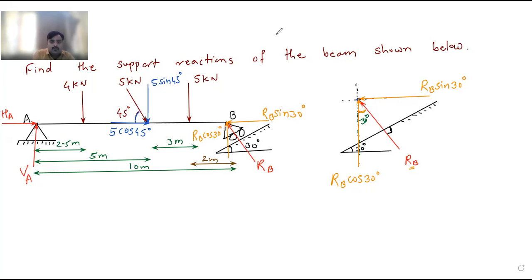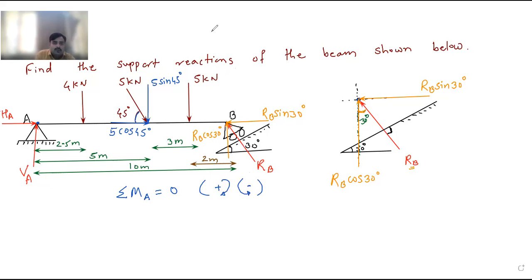So further, if we solve this problem, now we need to find out the reactions. So what we will do first, we will take the moment at A equal to 0, so that HA and VA will become 0 and we will get the value of this RB. So if I apply moment summation M about A is equal to 0, then all your clockwise moments are positive, anti-clockwise moments you should take as negative.